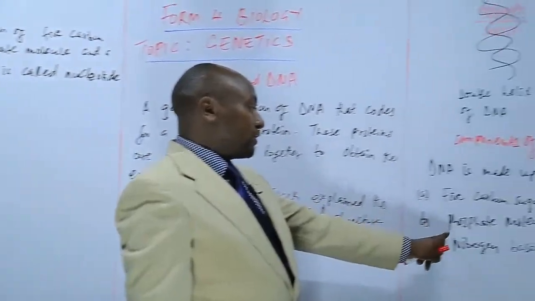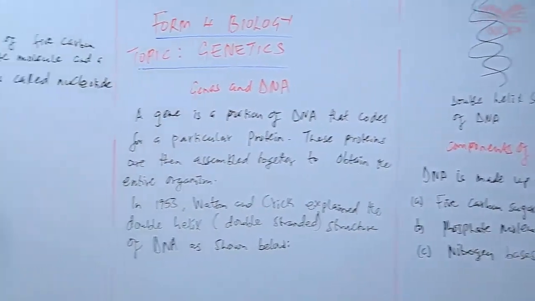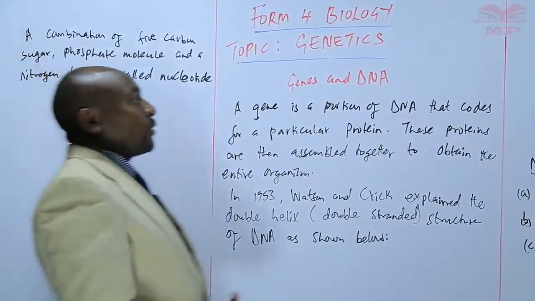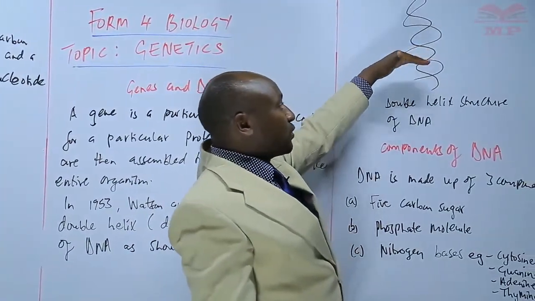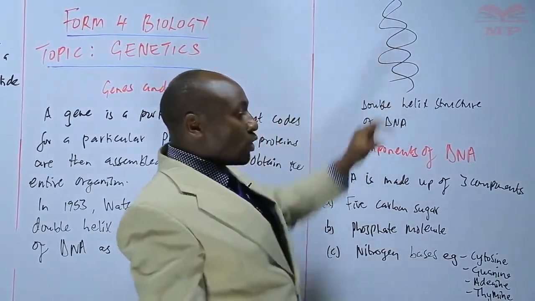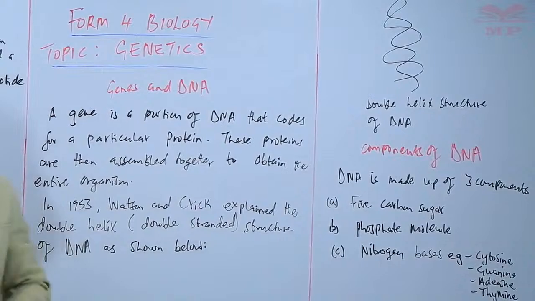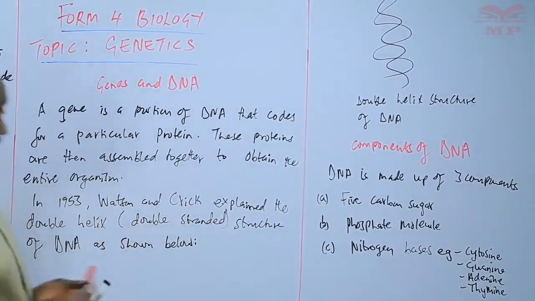One of these, and one of the nitrogen bases, they make a nucleotide. And because the DNA has several nucleotides, a combination of every 3 at every stage, we can say that the DNA is a polynucleotide. It is made up of many nucleotides.